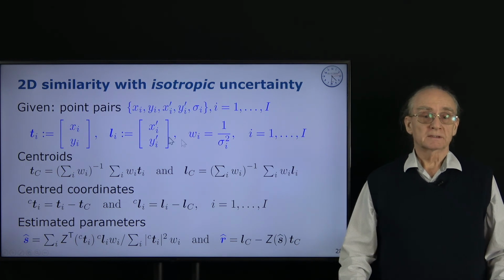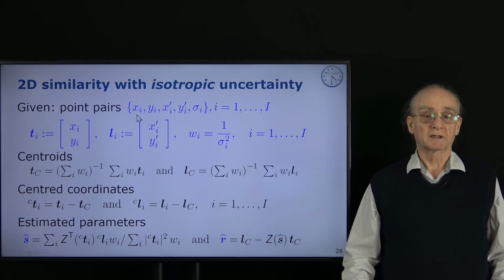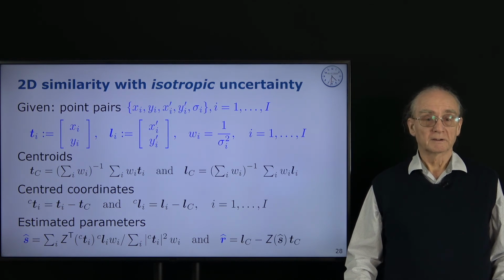So, let's assume we want to solve the 2D similarity with isotropic uncertainty. We again start with our xy prime, the standard deviation. Now, instead of complex numbers, of course, we have these vectors. The rest is the same as in the linear regression for the straight line fitting. And the estimated parameters can also be written down explicitly.